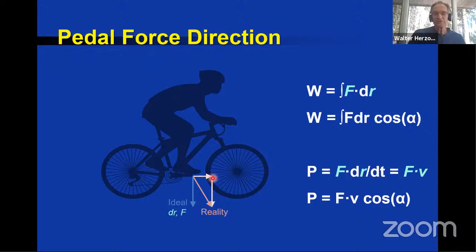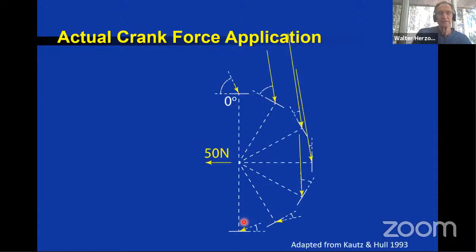And people have quantified an efficiency of cycling. And the bigger this component is, the horizontal one relative to the vertical one, the less efficient people have been said to be cycling. And there have been investigations in trying to train people to really be more efficient in their cycling.